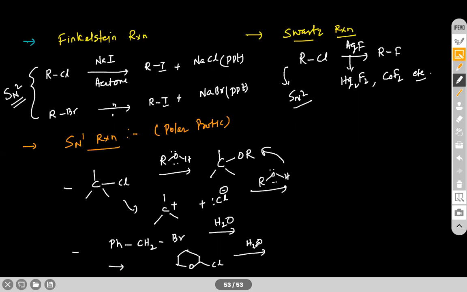First of all, Br goes, and why this is SN1, that also you try to understand. This carbocation is a benzyl carbocation, which is stable. That's why this follows SN1 mechanism. It forms the carbocation first and then the nucleophile attacks. Nucleophile is H2O, product is PhCH2OH.